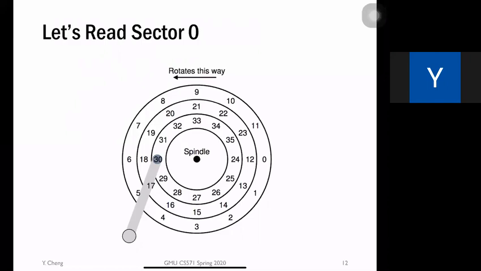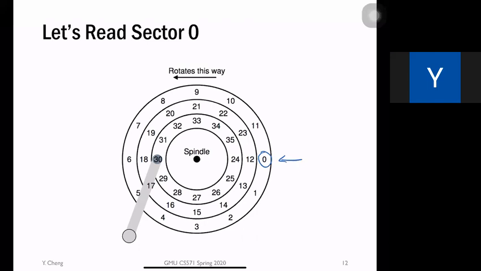In the center is a spindle, and the surface has a total of 3 tracks. Let's first locate where sector 0 is. Right now, sector 0 is over here, and we assume the disk platter surface is rotating counterclockwise.